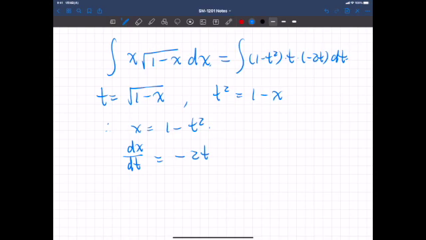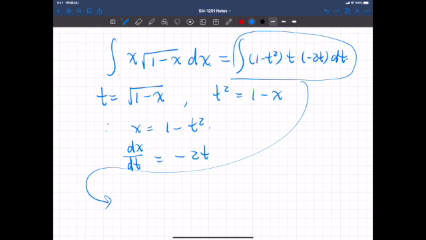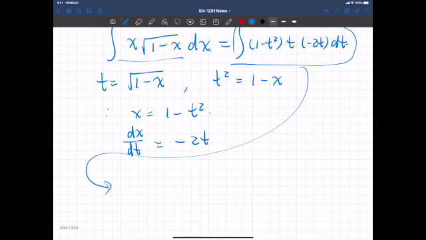So this integral is a lot easier to calculate because we can find the antiderivative more easily than for the original integration. If we expand everything, this is equal to 2 times the integral of t to the power of 4 minus t squared dt.